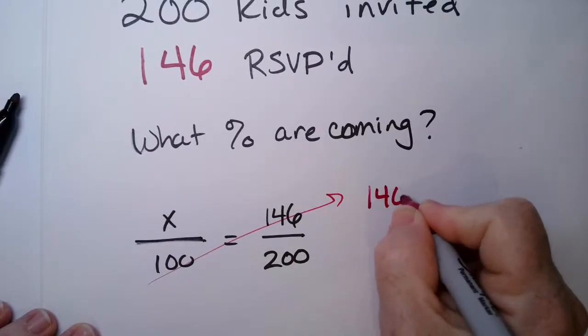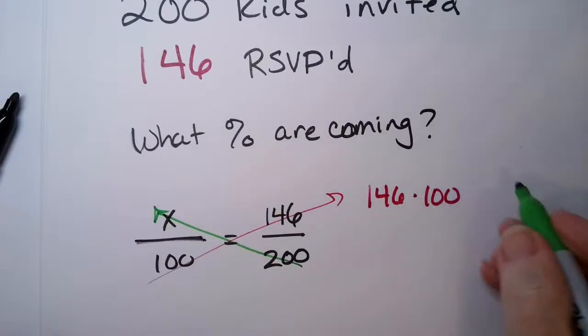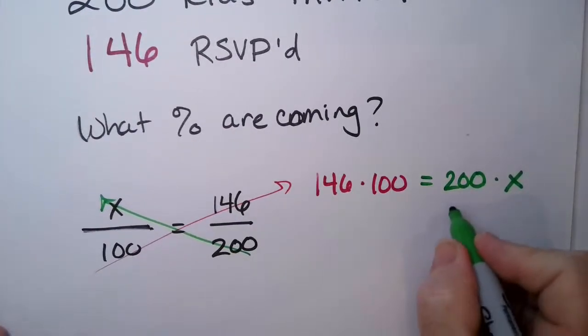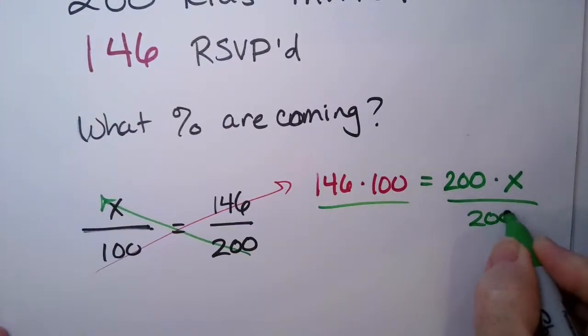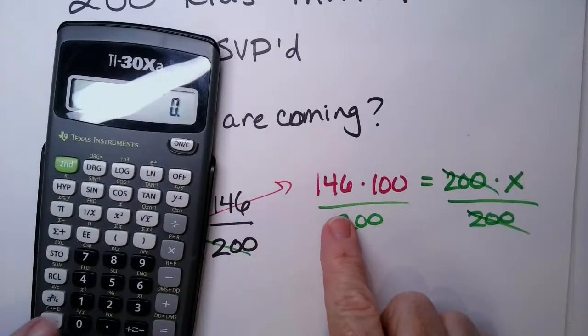Okay, so we're going to multiply this way. I get 146 times 100. Okay, and then I'm going to multiply this way. Equals 200 times x. Divide by whatever is in front of the x. Get rid of it. Make sure you do it to both sides of the equation. Okay, and what do you get? I get 146.